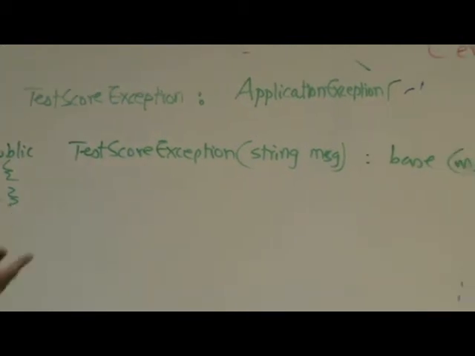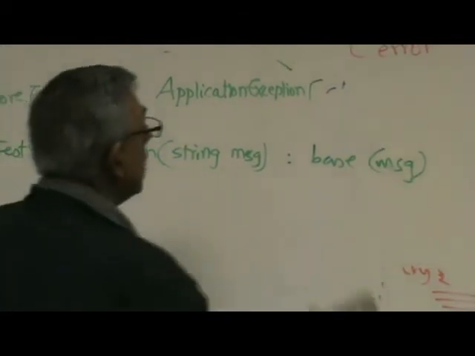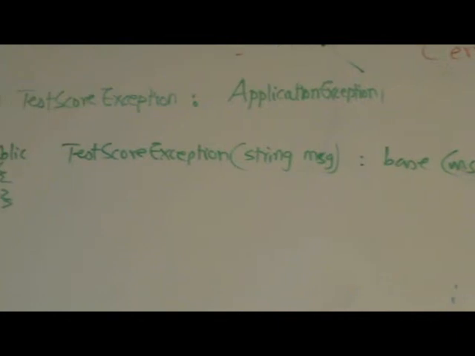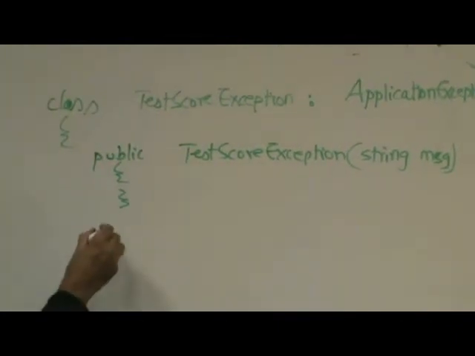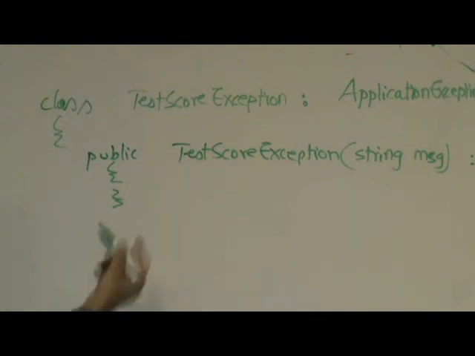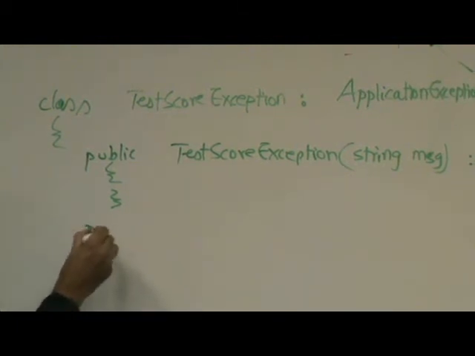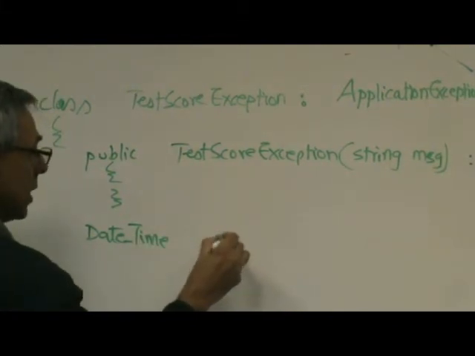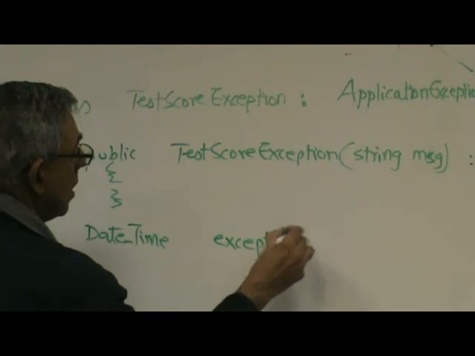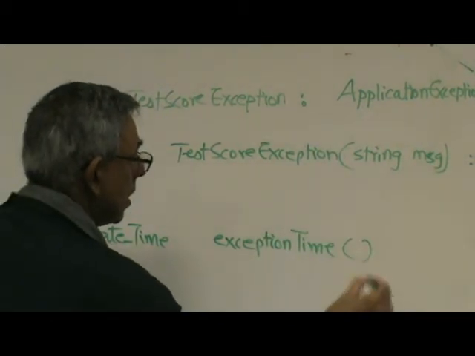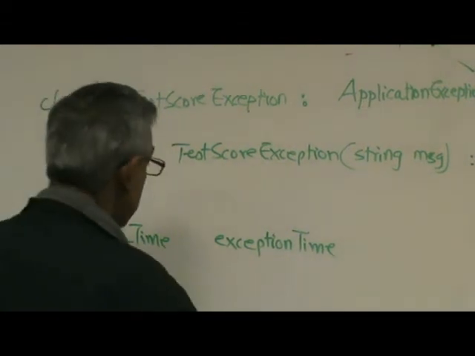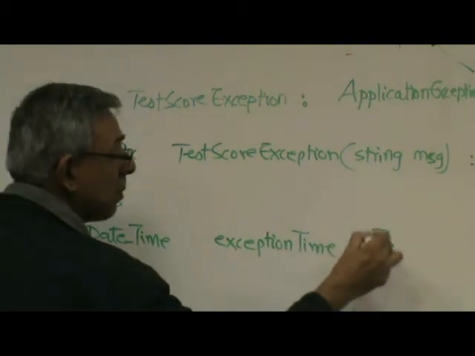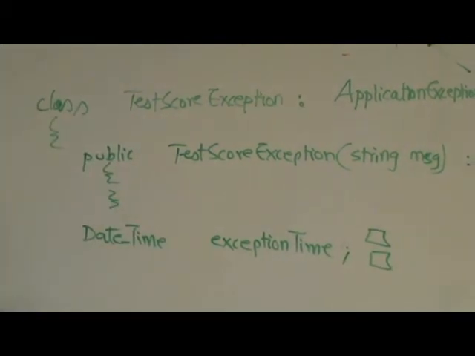Okay. Now you can add more details to this. For example, what was the time of the exception? So you can create a field over here, DateTime, let's call it exception time, and then provide a get and set property over here so that somebody can set that time, right?